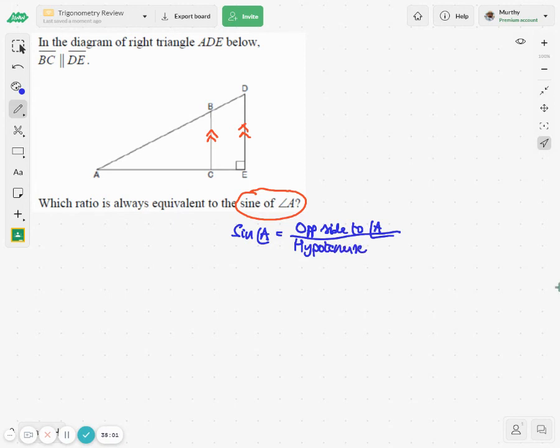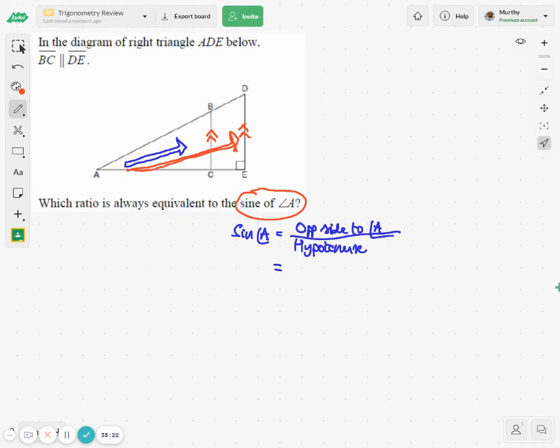Opposite side means, do I have to take BC, or do I have to take DE? Which one shall I take?